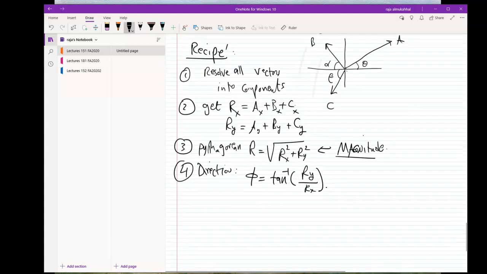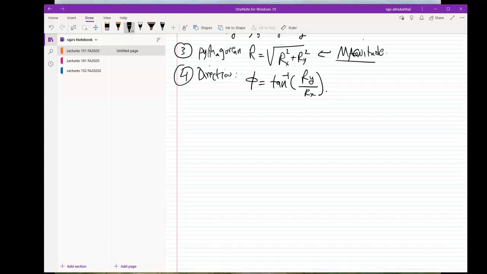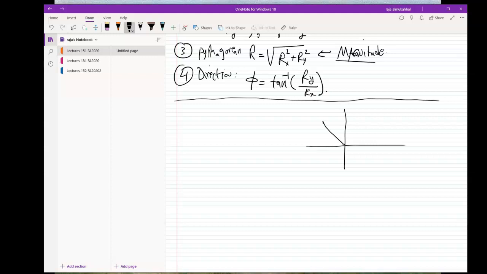So let's go back. Again, I hope you've written the recipe. Let me draw it again very quickly. So I have this like that. I have the vector B. It's 45 with respect to the y-axis. Yes, with respect to the y-axis, right? And then I have another one here, A equals, I think 6.